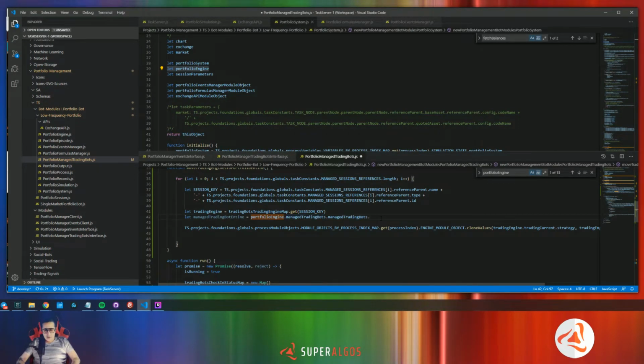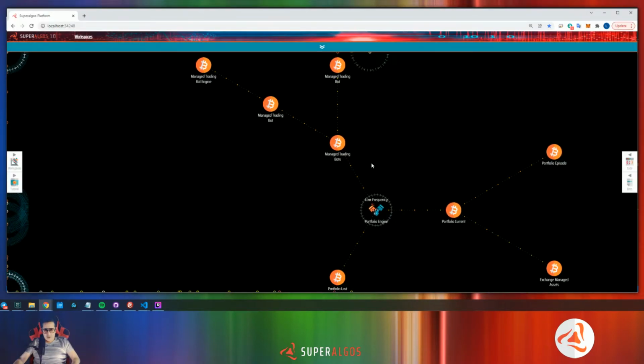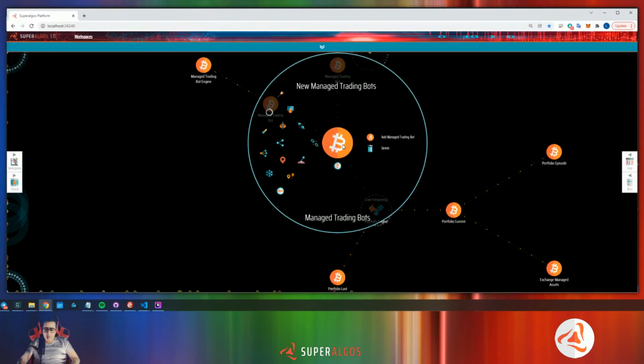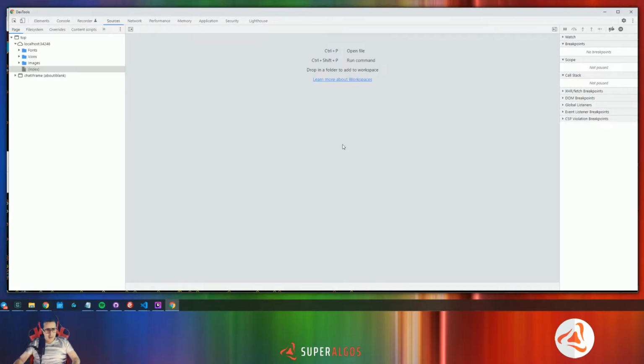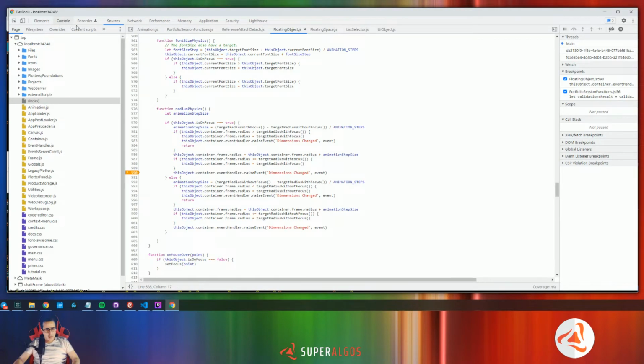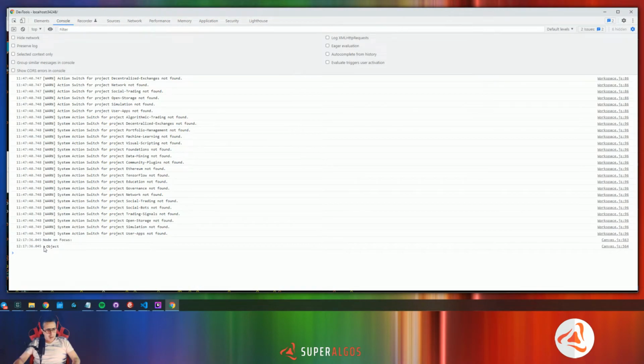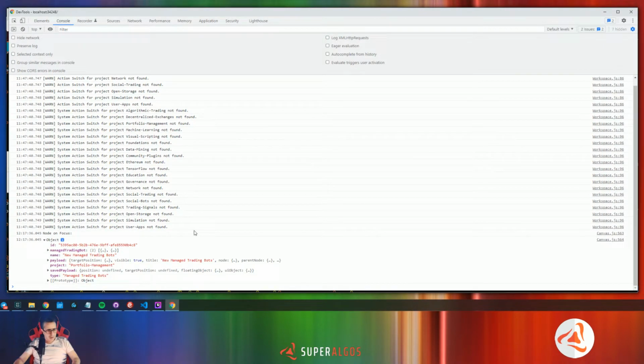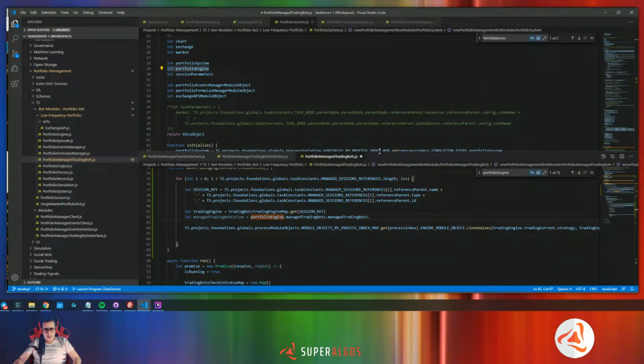Again manage trading bots, and let me be 100% sure that the array has a plural, because I've seen that not being well defined before. Yes, there is a problem with this. There should be an S here in order to follow all the standards. Okay, so my trading bots.